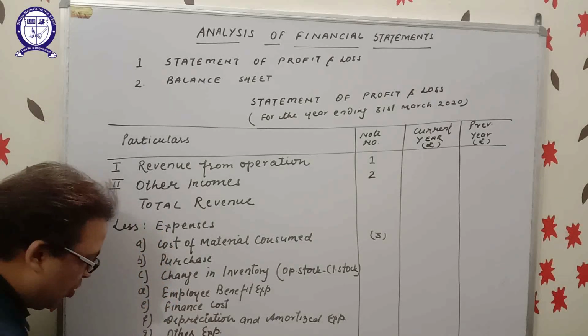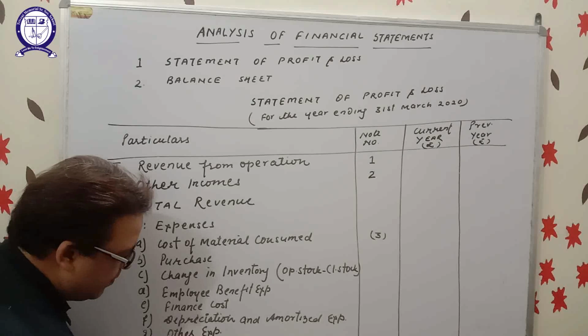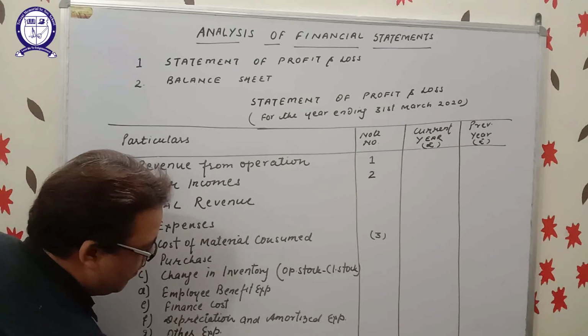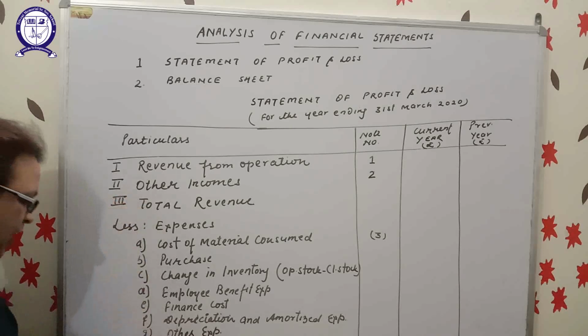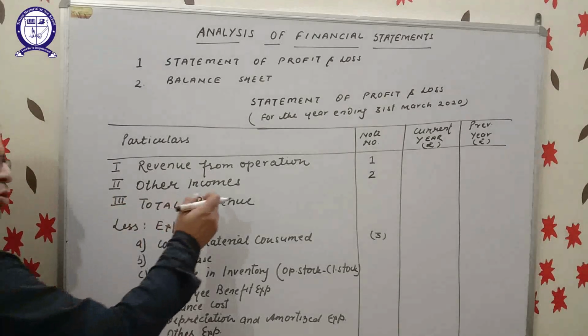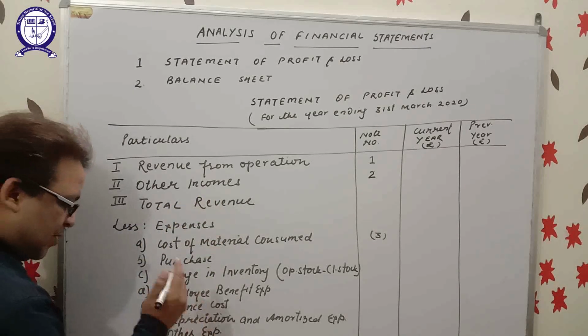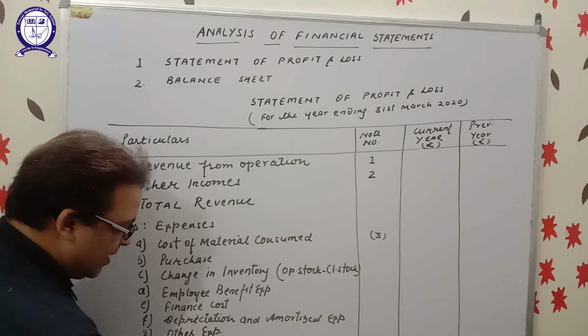Now we have to total all the expenses. So total revenue is the third point and total expenses are the fourth point. Now total revenue minus total expenses is known as profit before tax.